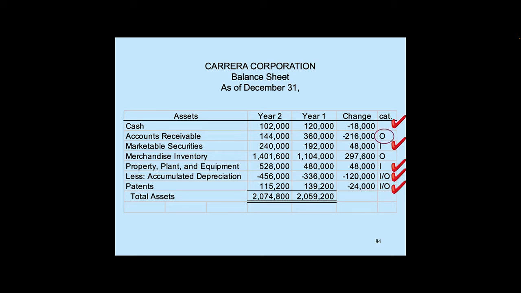We'll focus on that. We had accounts receivable that started out at 360 and ended up at 144. We'll put that in a T account. It's an asset with a balance on the left, and the ending balance is 144. Our decrease in accounts receivable is going to be explained by a collection. We got cash for $216,000.